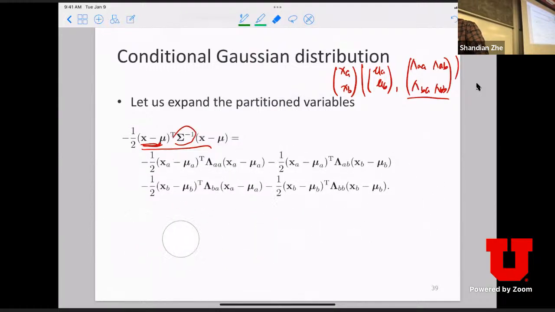So now let us look at this form. Remember, we want to compute the conditional distribution of xa given xb. So we only care about the terms regarding xa, because we're looking at the xa distribution. All the other terms you can view as some kind of constant.